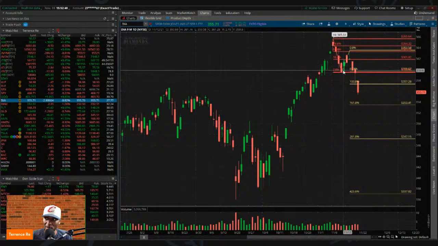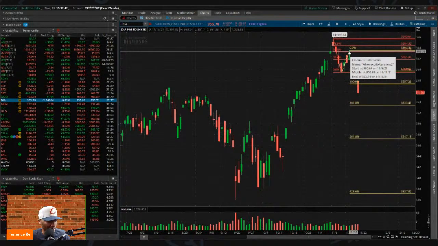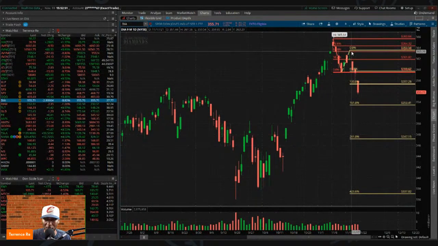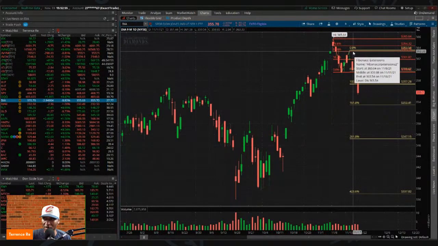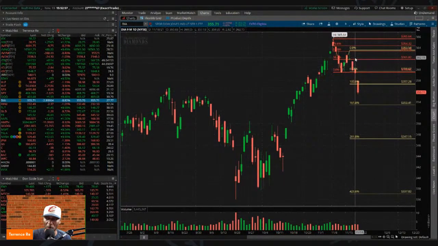I got my retracement to see exactly where it might get in, where it stopped at. And ideally it stopped right at the 61.8. Anytime it stops in between here and here, that's why I tend to look for changes in direction in the market. And that's exactly what I did.